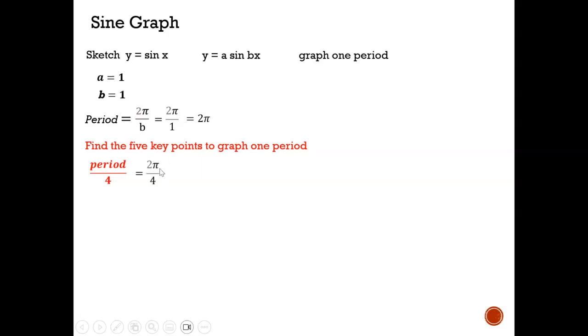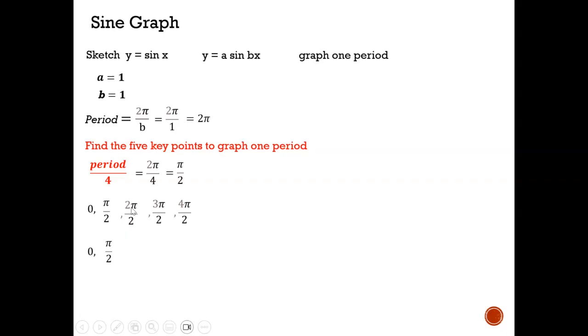The period is 2 pi, so 2 pi over 4 will give us pi over 2. That means that we're going to count by pi over 2. So we start with 0, pi over 2, 2 pi over 2, 3 pi over 2, and 4 pi over 2. These are my 5 points: 1, 2, 3, 4, 5. Now we go back and simplify. The 0 stays how it is. The pi over 2 cannot be simplified, so it stays.